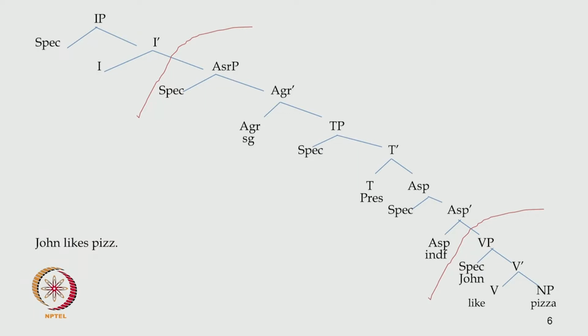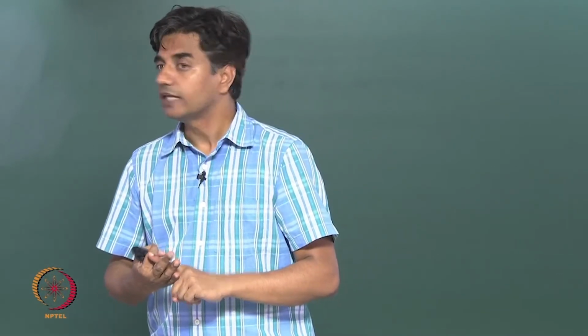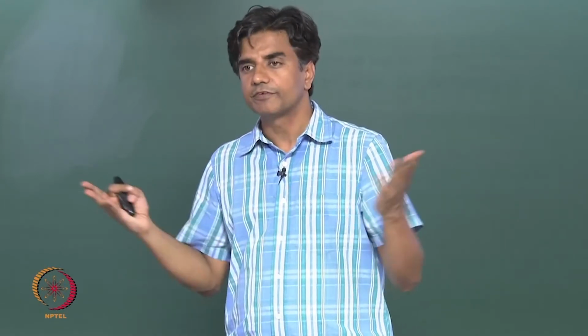I. Now, just because we do not have a space for subject NP is not the reason for not expanding I. Okay? You don't have a space for spec IP, that's a different problem.